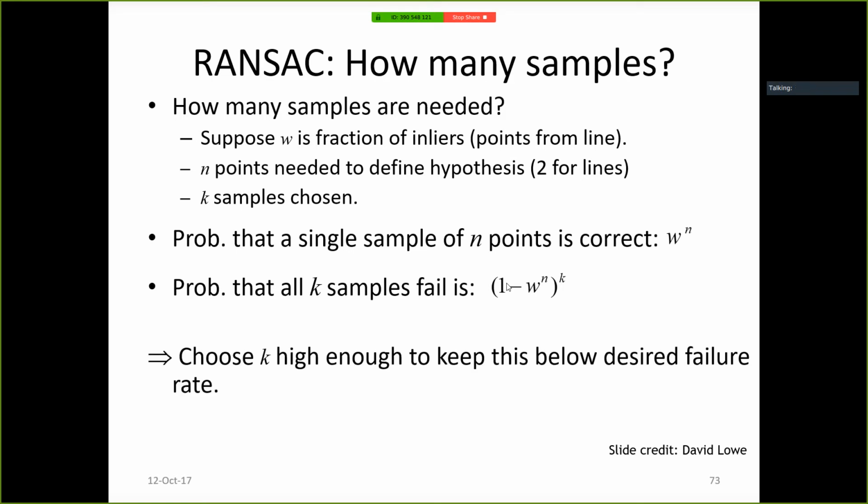Then I just need to choose K large enough, and as long as K is large enough, it will work.